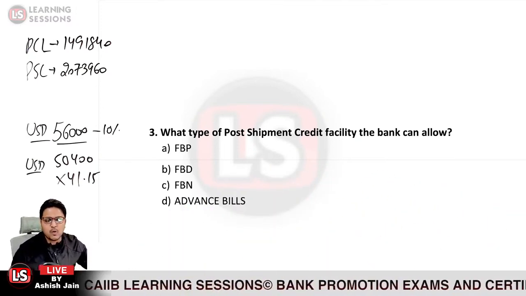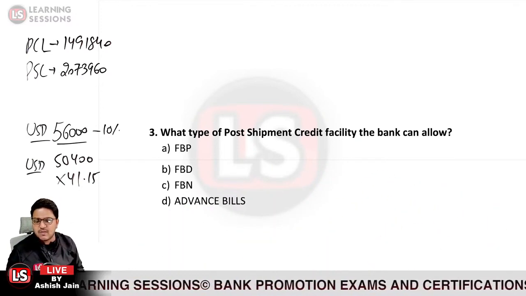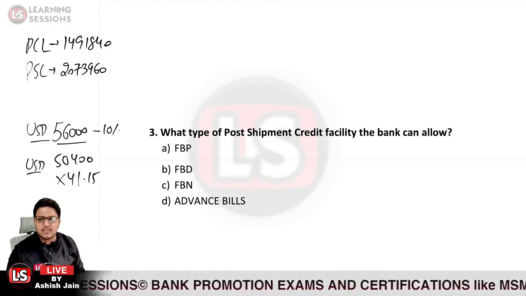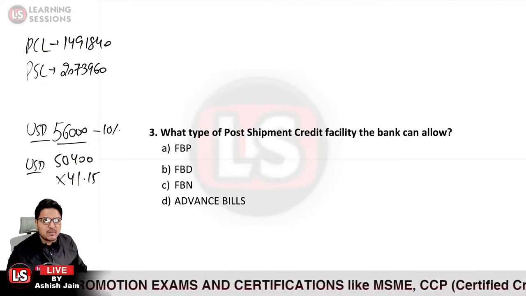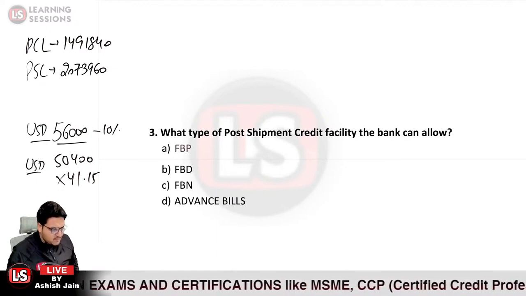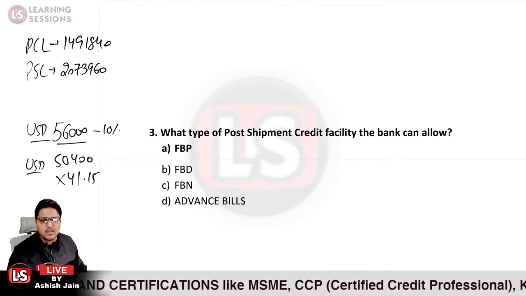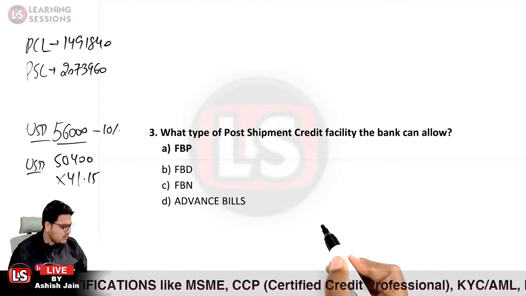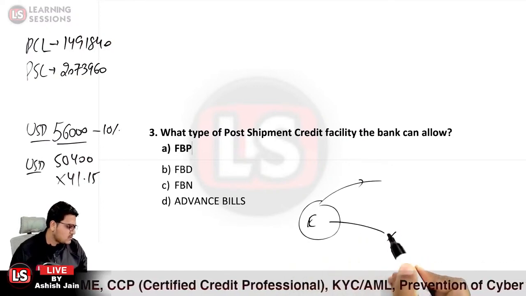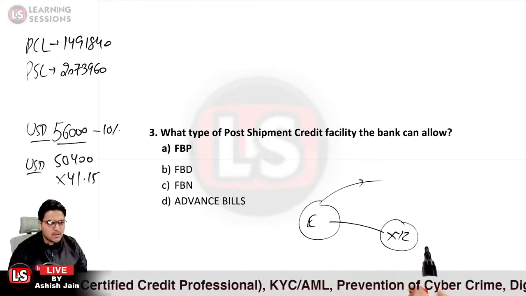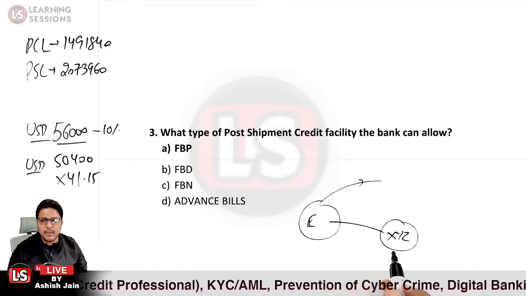Over here, we are considering it a sight LC. So in this case option A is the right answer, that is, bills are being purchased by the bank. So it is FBP. The exporter will be shipping and submitting the documents with bank XYZ, because any of the payments will be routed through the bank only.